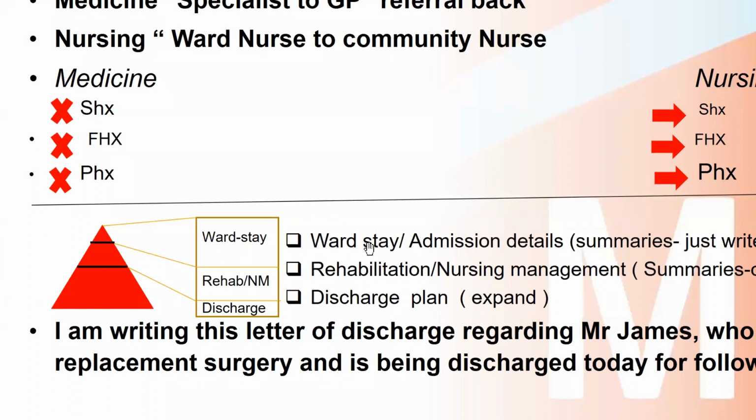We may have the ward history, we have the rehabilitation detail, and we have the discharge plan, right? So we should not write something in expansion in the ward stay. As you can see, there might be a lot of information in the ward stay. You need to summarize it. You can follow the chronic sequence, like the sequence of events. Then the rehab stay should be summarized. And the discharge plan, you need to expand the discharge plan, right? Is it clear to you?